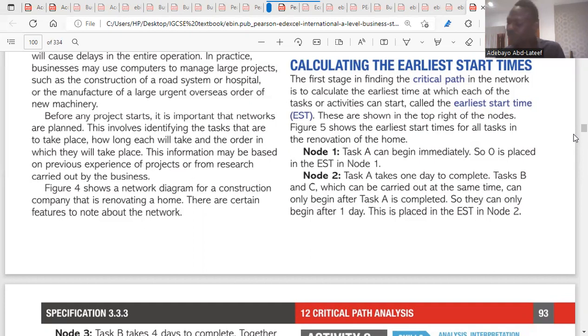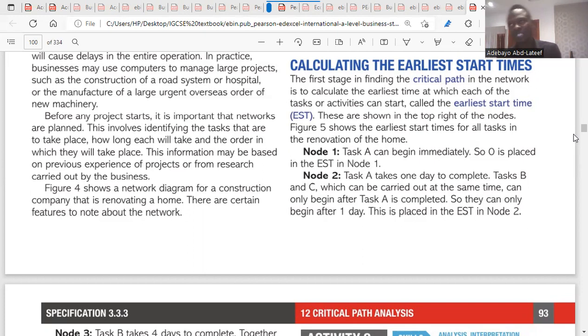This is the amount of time by which a task can be delayed without affecting the project. If there's going to be a delay from your own side, how long can that delay be without affecting the duration of the project? That is the latest finish time.